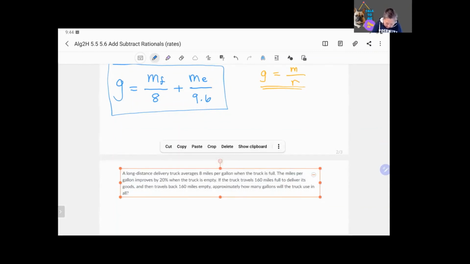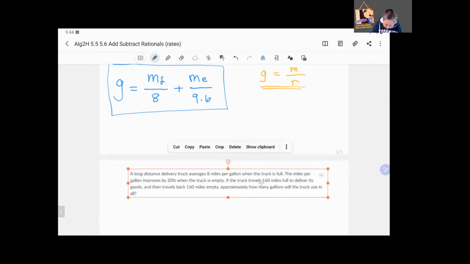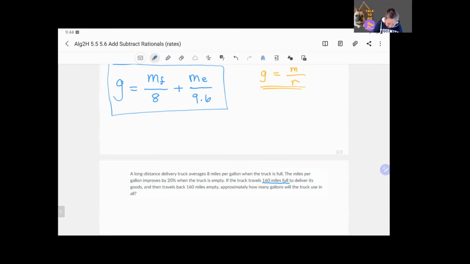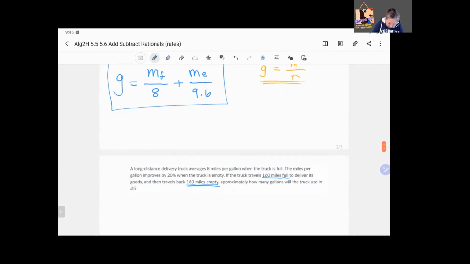If the truck travels 160 miles full to deliver its goods, and then after it delivers, it comes back 160 miles empty, we can calculate the gallons with this model.